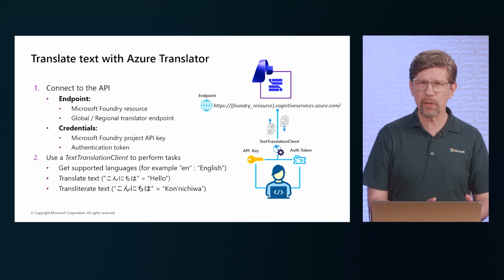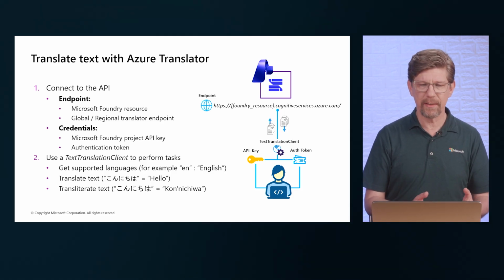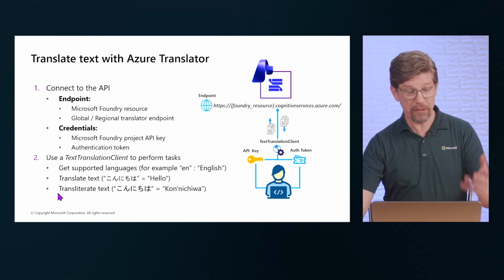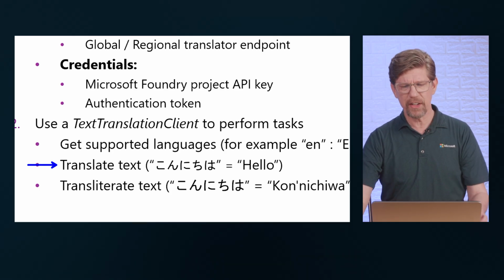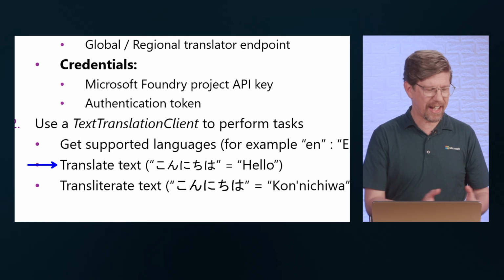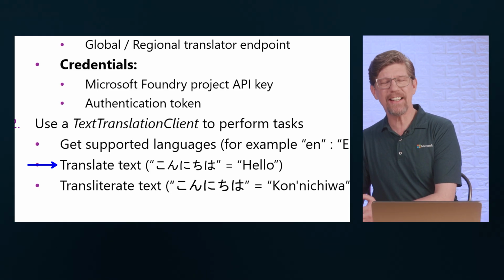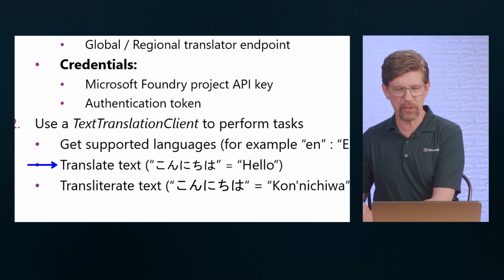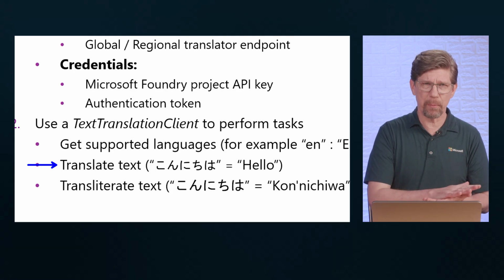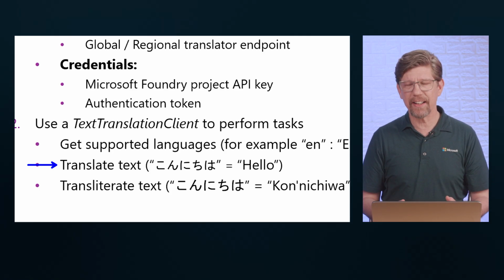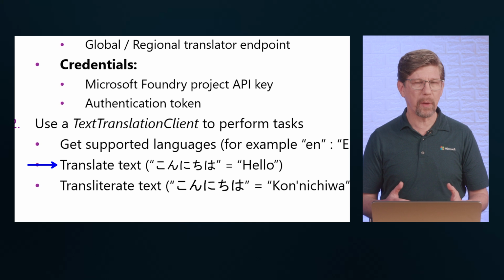Then there are two important tasks when it comes to translation between languages, in written form specifically. The first, and probably most obvious, is translate text. We have text in language A, and we want to get the equivalent meaning in language B, whatever that happens to be. The second option is understanding that languages have different character sets, that they write in different ways.